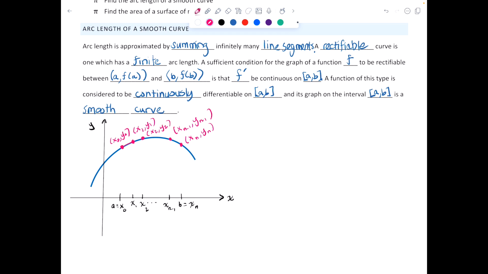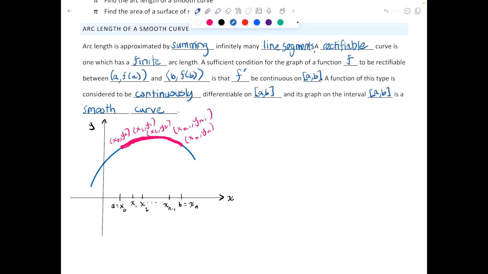So what we have here is we connect all of these infinitely many distances on this smooth curve, and the better your approximation is, the closer to the actual arc length you'll get. Okay, so let's check it out.